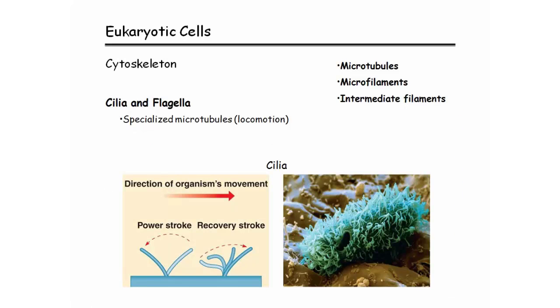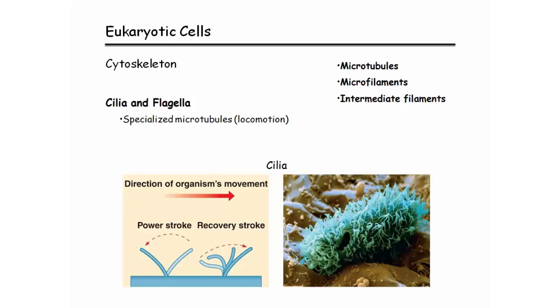If we talk about some specialized parts of the cytoskeleton, these are going to be the ones that are important for cell motility. So when we have entire cells that need to move around, they will have these special structures called cilia and flagella. These special structures are actually going to extend from the cell.